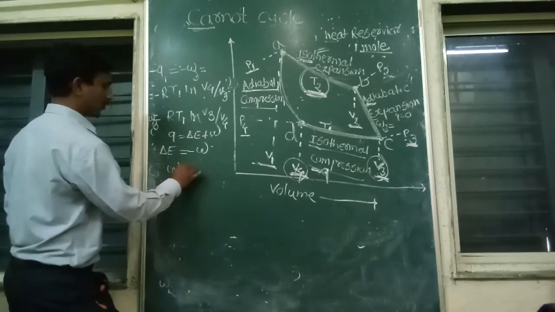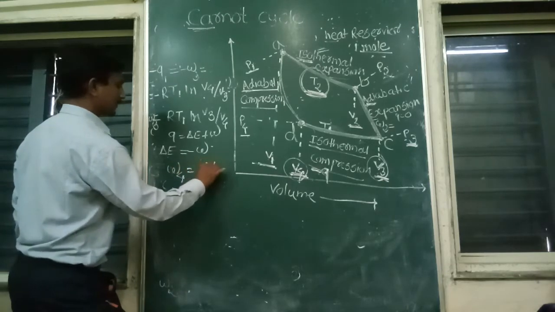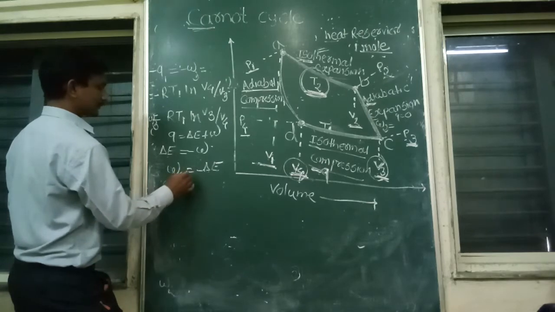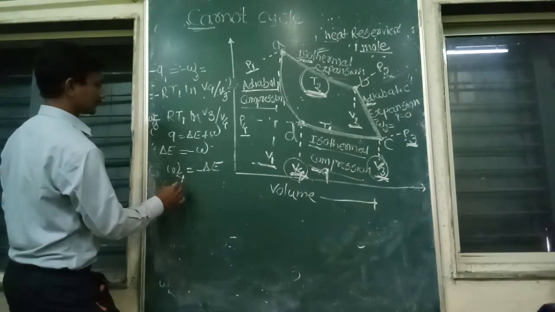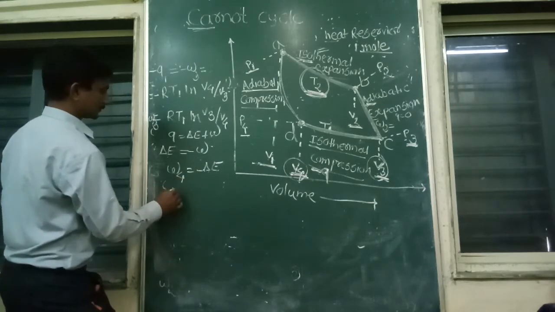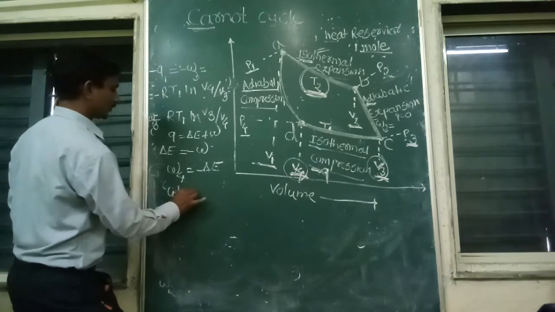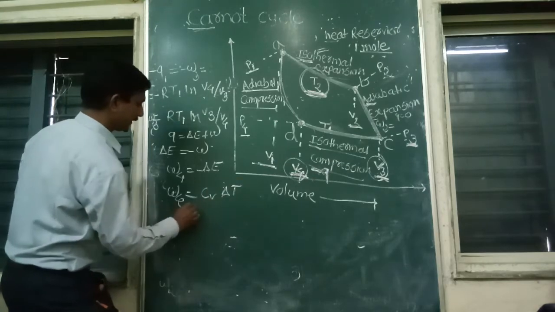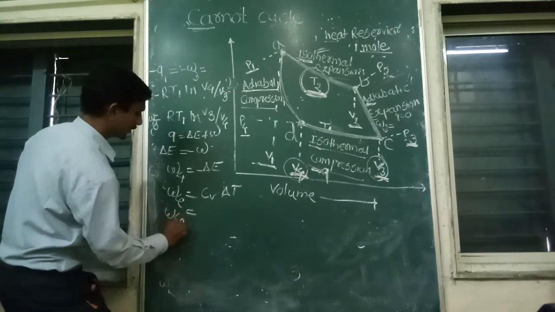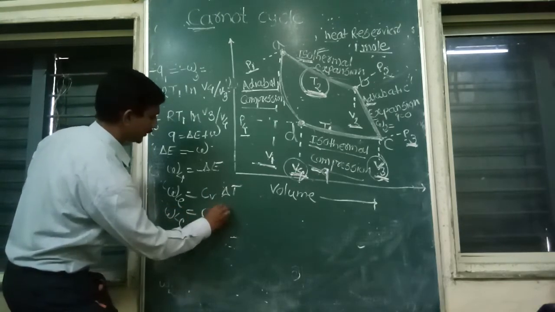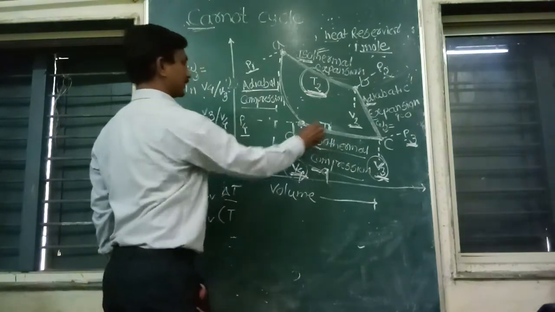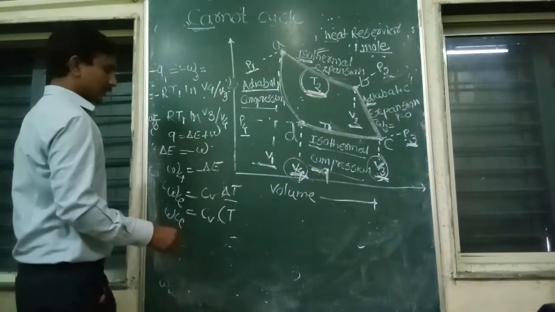That's why W4 is equal to minus delta E. And W4 is equal to Cv into delta T, change in temperature, initial temperature T1, final temperature T2.